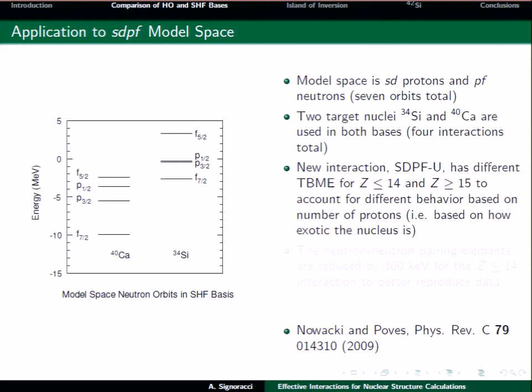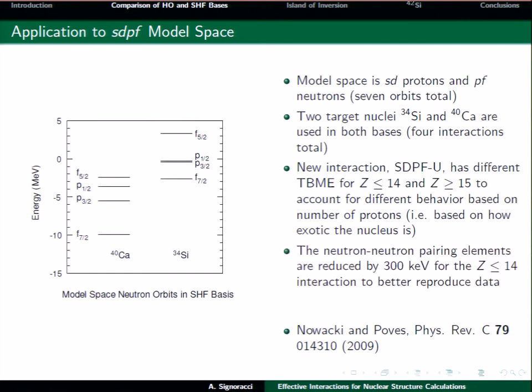So I chose this model space and these targets based on a recent theoretical work that produced a new empirical interaction in the sdpf model space and found that in order to reproduce experimental quantities, it's necessary to have a piecewise defined interaction that has different matrix elements corresponding to how exotic the nucleus is.